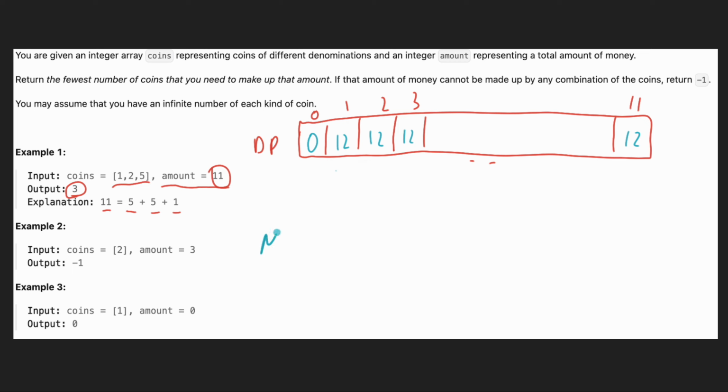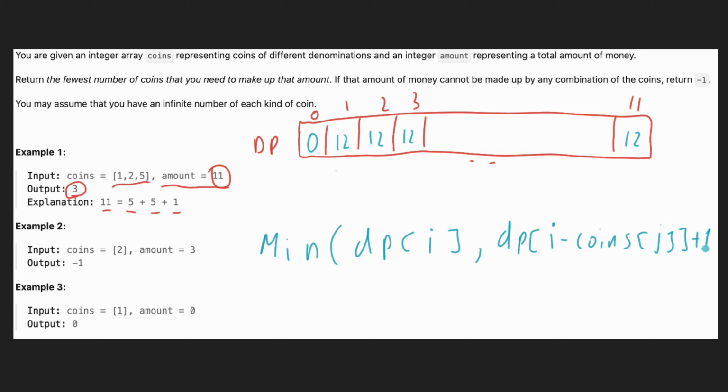We are going to go over our array, and we are going to take the minimum of whatever dp value we have, dp[i], or dp[i minus coins[j]] plus 1, whatever coin j we are taking.